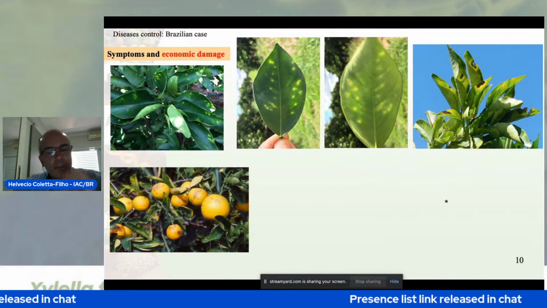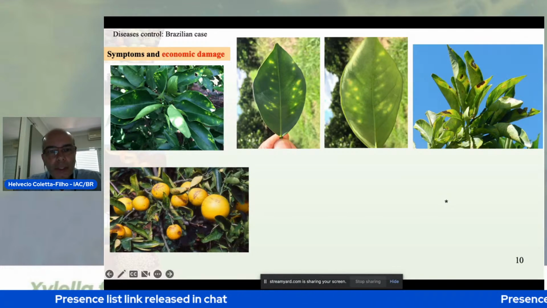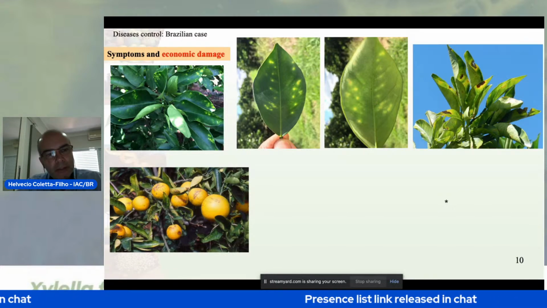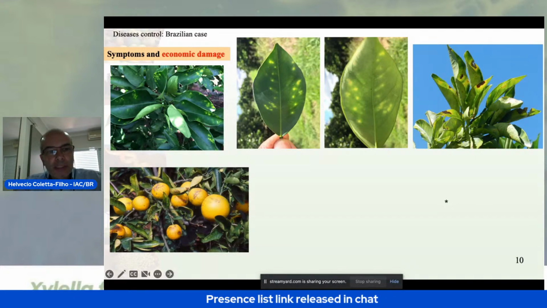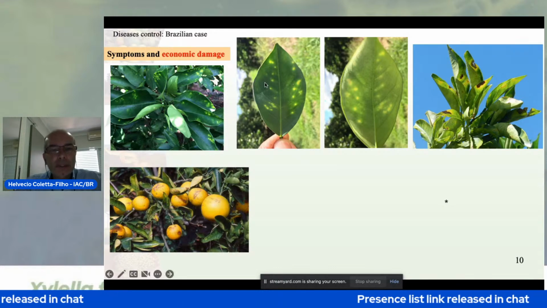Now some biological information about the disease. The symptoms and economic damage differ from other diseases caused by Xylella. You don't have scorched leaf in CVC.